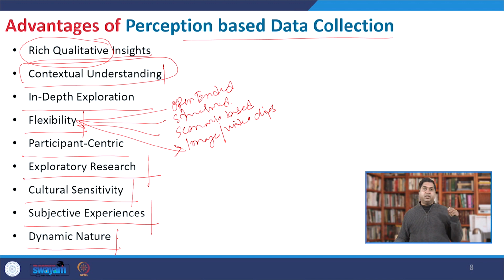What does dynamic mean here? Perception can also depend on other factors, like mood. Say for example, if for some reason I am disturbed by a certain activity, or there was some kind of pressure, then if somebody interacts with me, that stress or extra pressure can be expressed in my answers.